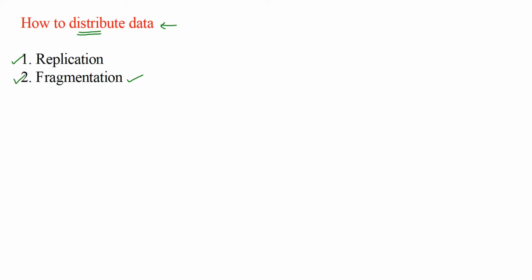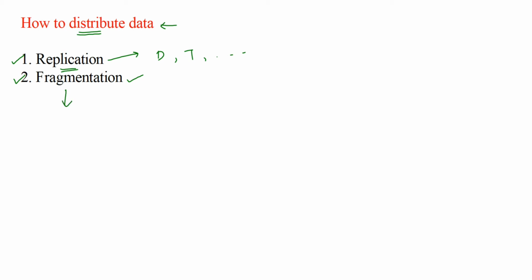Let's see them one by one. First, the basic definition. Replication is the process of having multiple copies of a single database or table. Replica means an exact copy of something, so we will have multiple copies. This is how data is distributed at different sites.